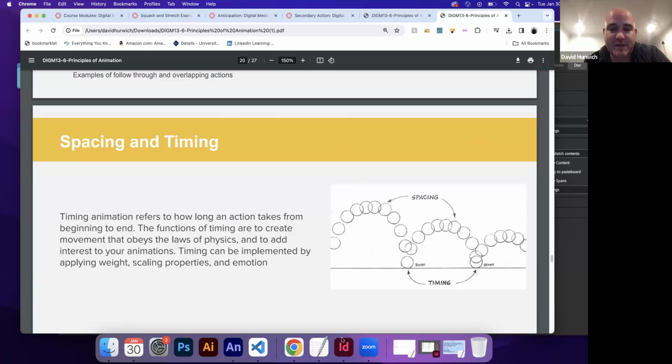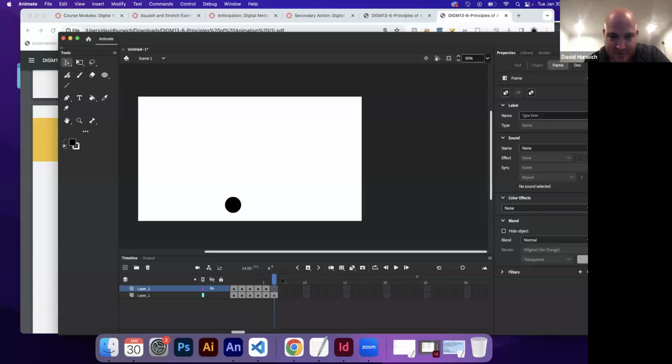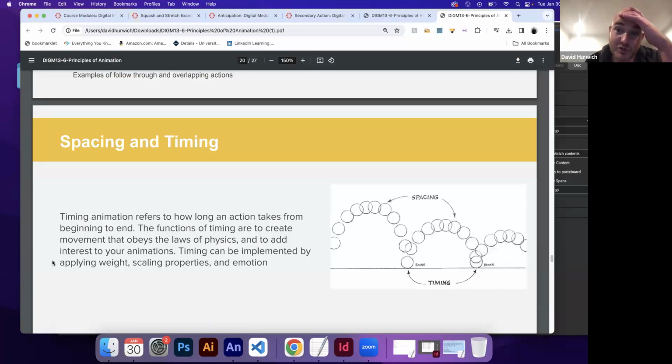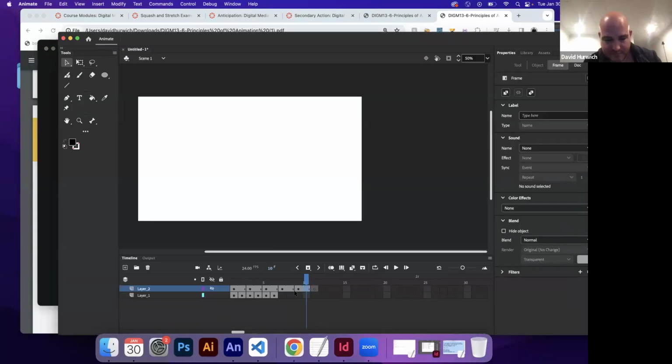If it's too fast, you may want to add some additional frames. If I felt this was too fast, I could add a frame to each one of these. That helps slow this action down a little bit. If I felt it was too slow, I would try to get rid of frames to speed up the action a little bit.